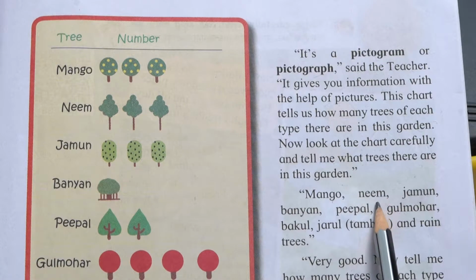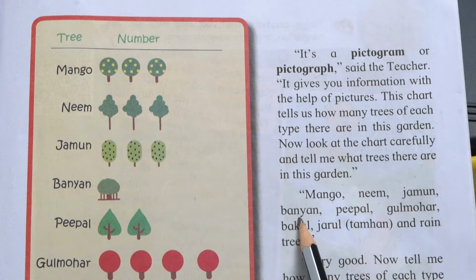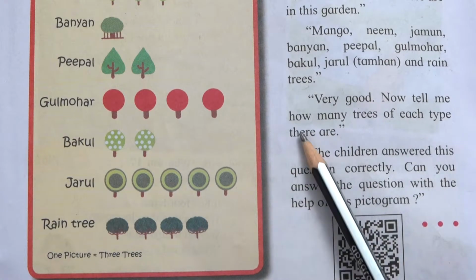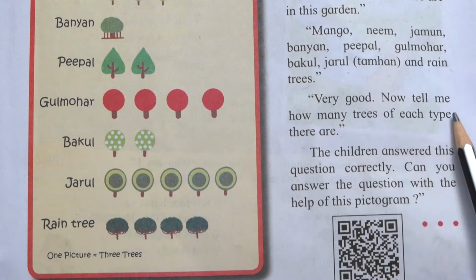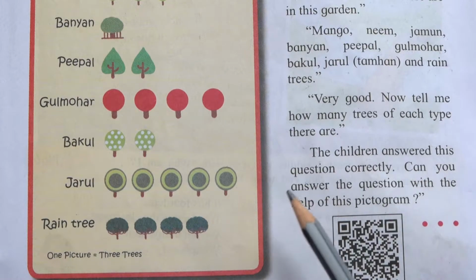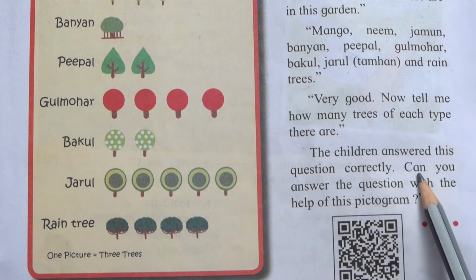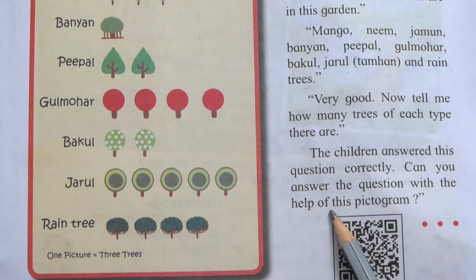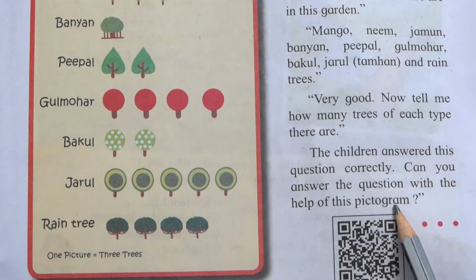Mango, neem, jamun, banyan, peepal, gulmohar, bakul, jarul, tamhan and rain trees. Very good. Now tell me how many trees of each type there are. The children answered this question correctly. Can you answer the question with the help of this pictogram?